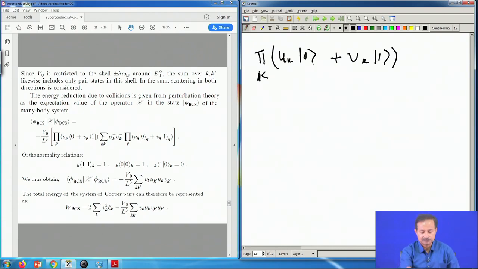Let us just take a look aside. I just want you to see what this wave function does. So, let us just assume that there are only two k states, k 1 and k 2.